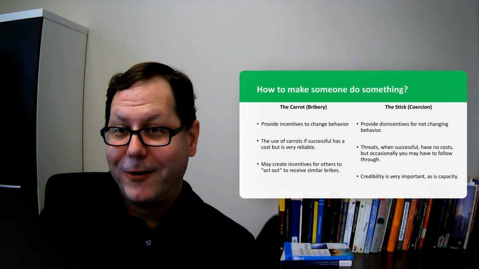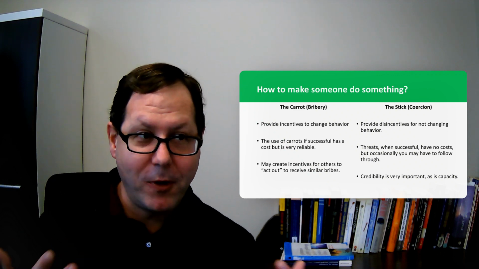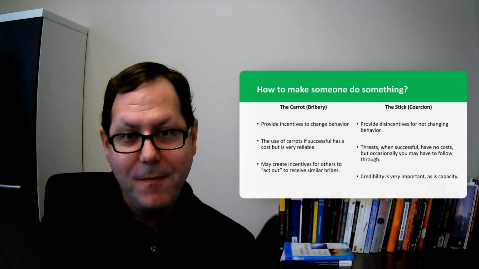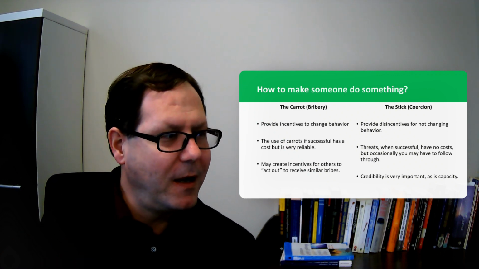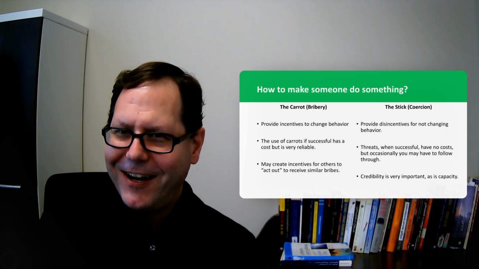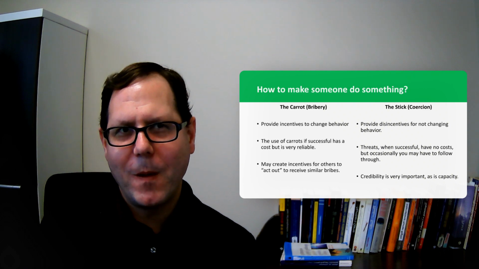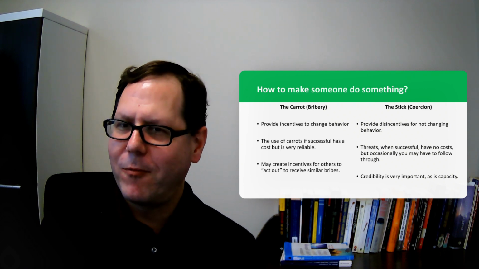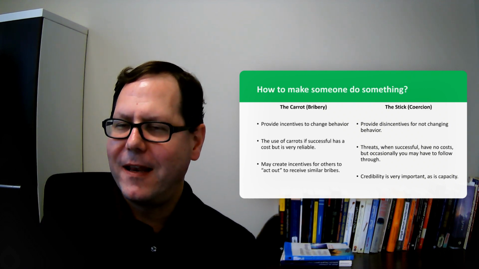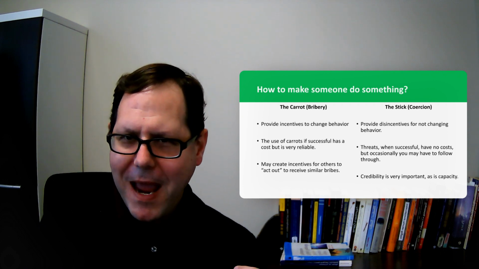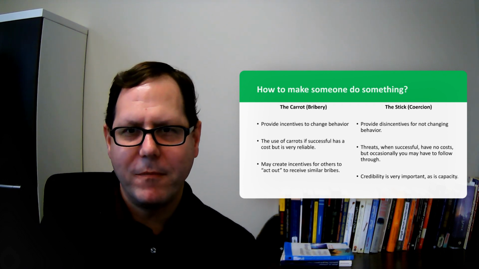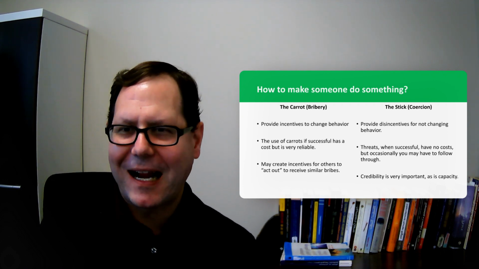But bribes work, right? I mean, people get paid for jobs, people get paid to do things all the time. That's a very reliable form of human interaction. However, in international politics, when you're trying to prevent somebody from doing something that you don't like, you may be hesitant to bribe them for fear that they'll maybe act out in the future, right?